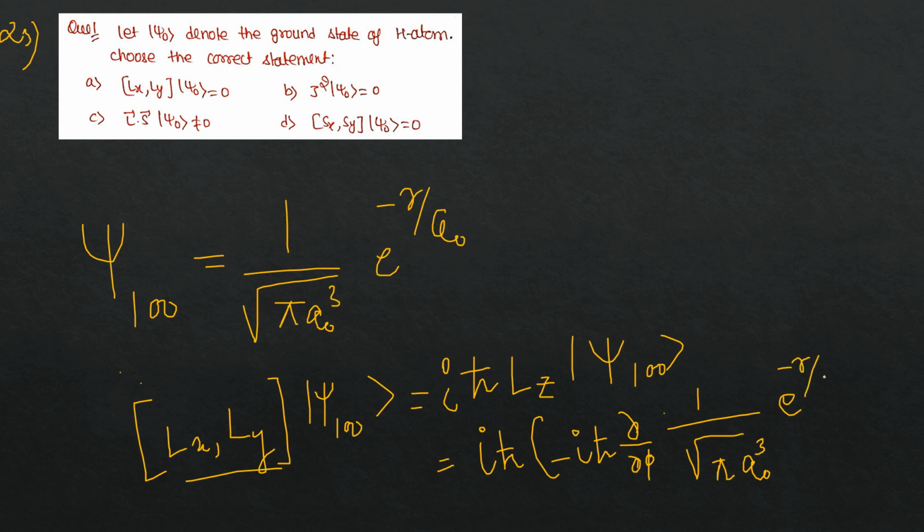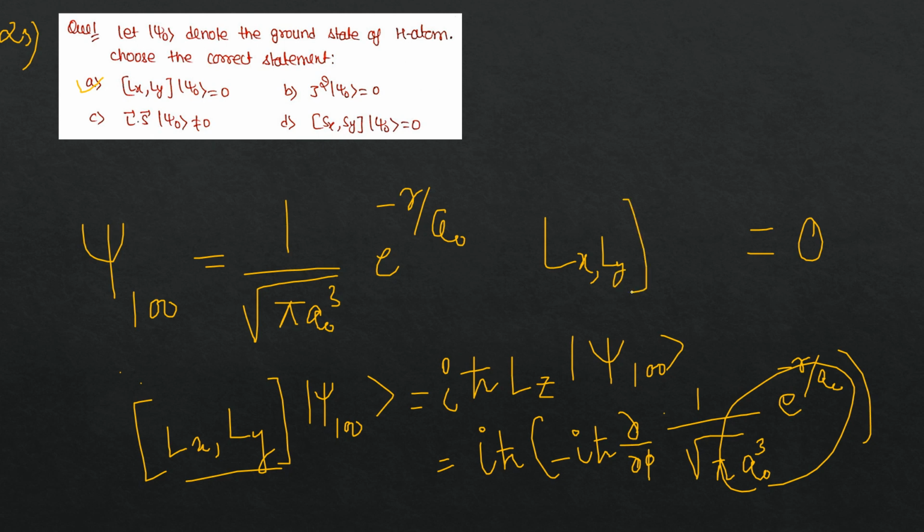Can you see any phi term here in the ground state of hydrogen atom? There is no phi term here. So del by del phi of this one will be 0, isn't it? So the answer will be 0. So I think this option A is correct, that is Lx Ly psi naught wave function is equal to 0.